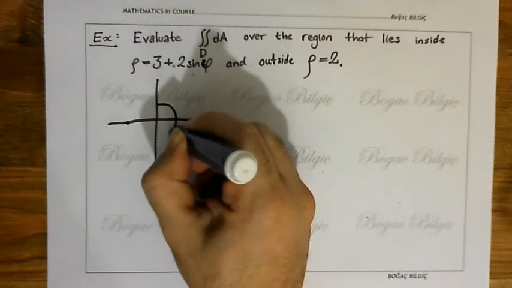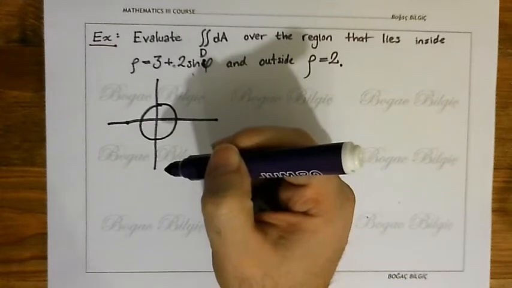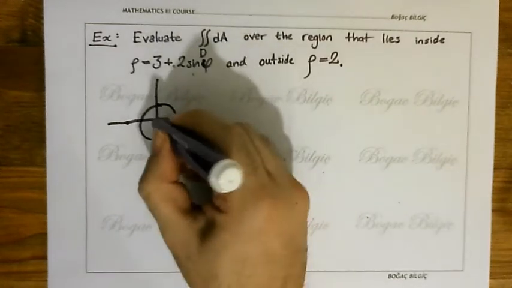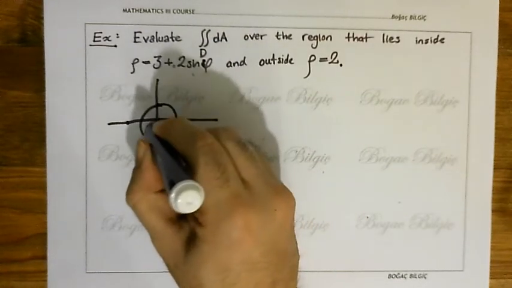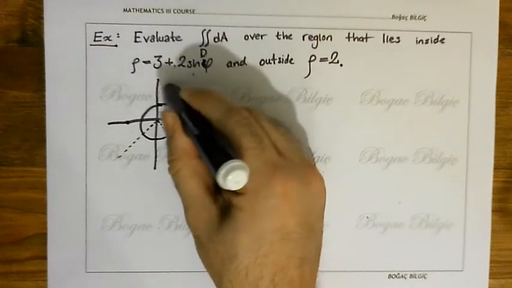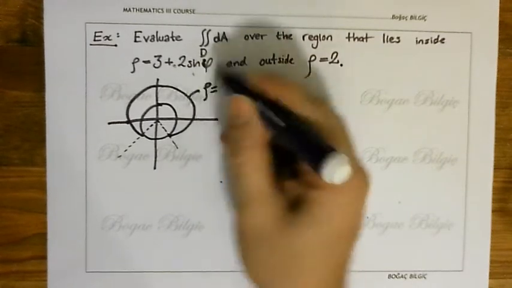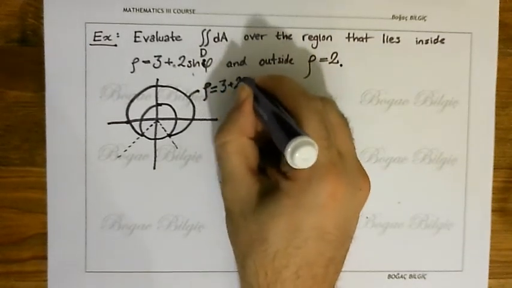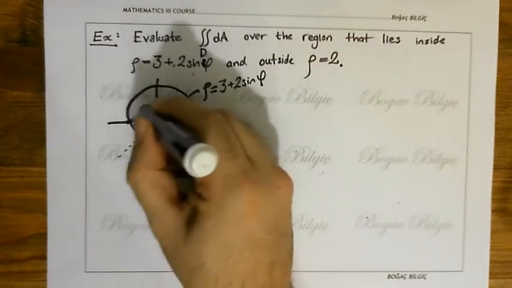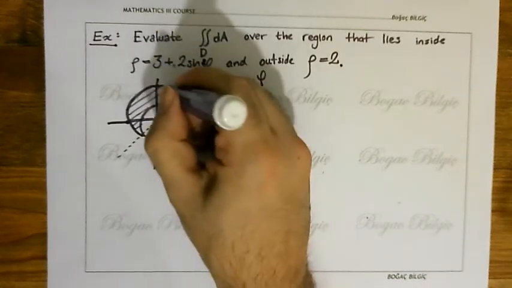Rho equals 2 is this circle, and this is rho equals 3 plus 2 sin phi. The area is this area. This is D.